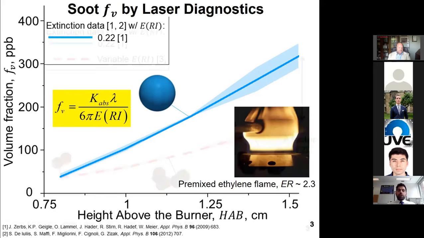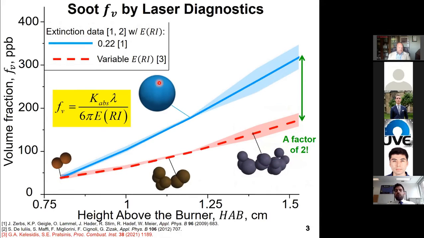So actually, in our recent publication, we obtained the soot volume fraction using the same light extinction data, but with a variable absorption function that accounts for the evolving soot morphology and composition. So the volume fractions that we derived this way, you can see over here that they are up to 2 times smaller than those obtained for spheres, neglecting the realistic soot morphology and composition.